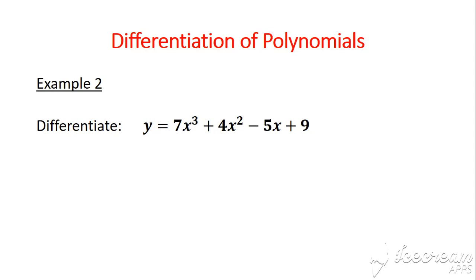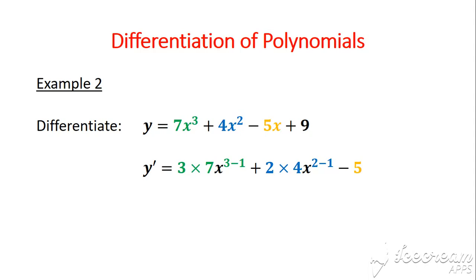Alright, example 2. Let's differentiate this function. y is equal to 7x cubed plus 4x squared minus 5x plus 9. We'll use the informal notation, y dash. Now the 3 is going to come out the front of the first term and times by the 7, and we'll take 1 away from the power of 3. The 4x squared, 2 will come out the front and times by the 4, and we'll take 1 away from the power.